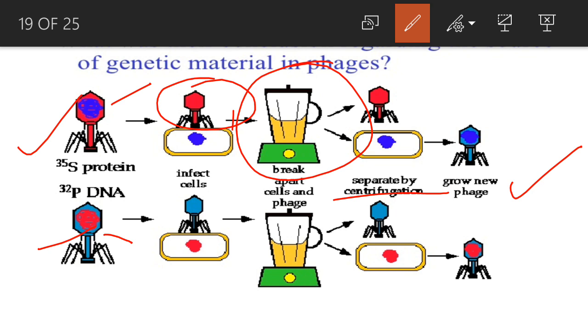Now when the bacteriophage attaches itself to the E. coli, it transmits its labeled genetic material inside the E. coli. After that, blending and then centrifugation were carried out. It was seen that the new bacteriophages had genetic material, DNA, labeled with phosphorus 32.